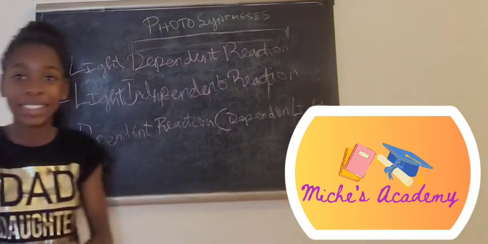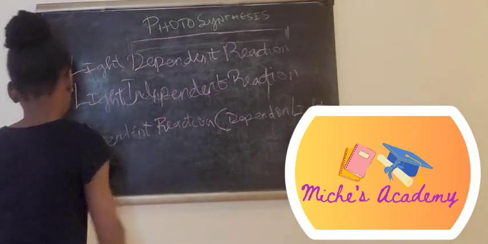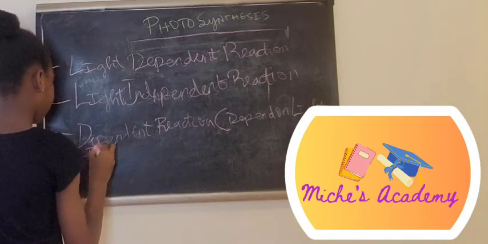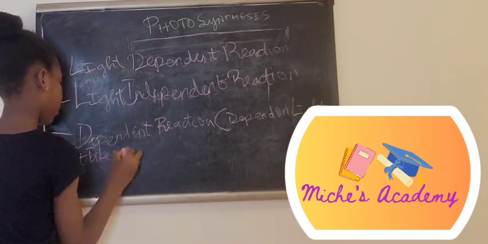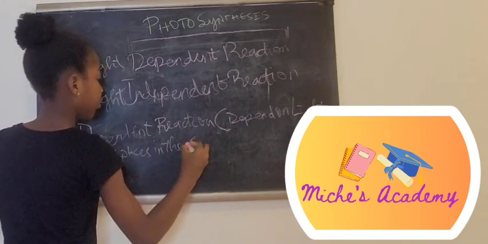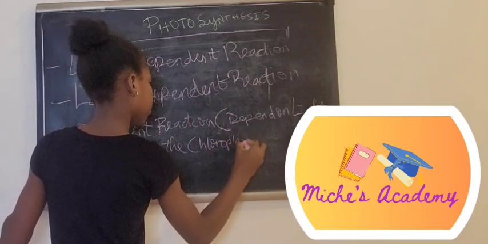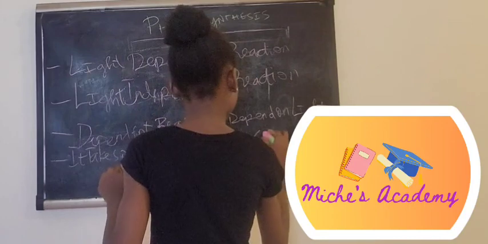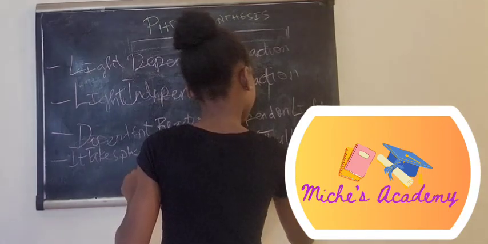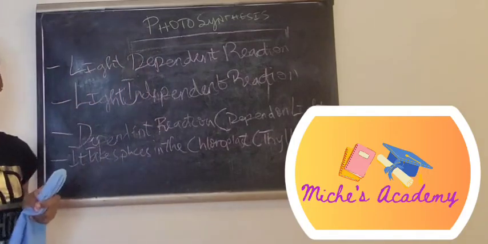And since it depends on light, this reaction happens in the chloroplast, particularly the thylakoid. Thylakoid to chloroplast. Okay. So the cellular respiration, but we'll get to that later.